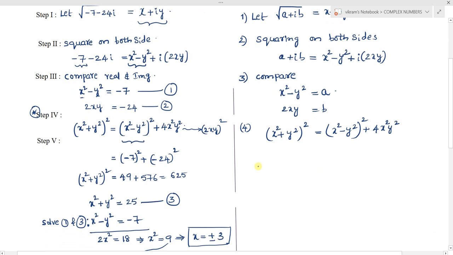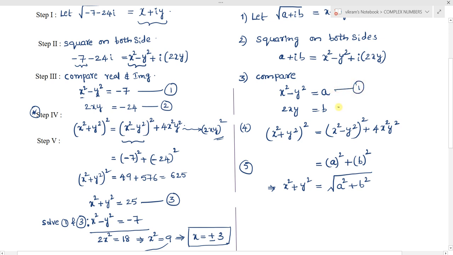The fifth step is to solve the above equation to find x squared plus y squared. x squared minus y squared equals a, whole squared, plus 4x squared y squared, which can be written as (2xy) whole squared, then b whole squared. Finally, x squared plus y squared equals the square root of a squared plus b squared.